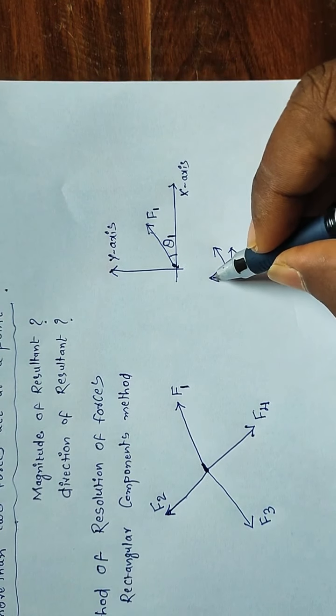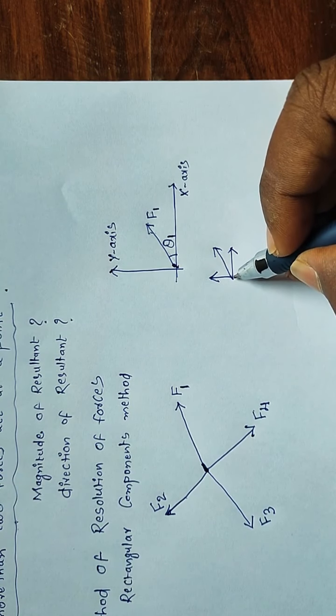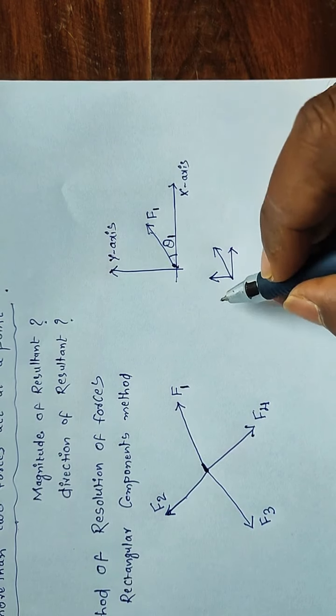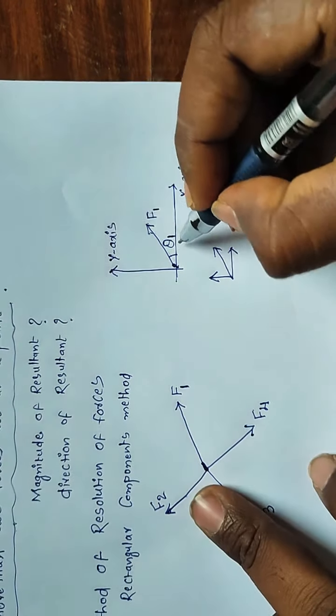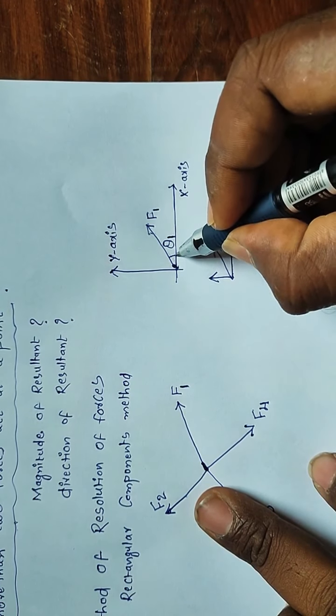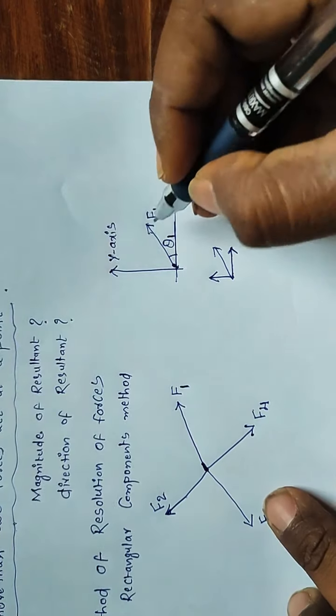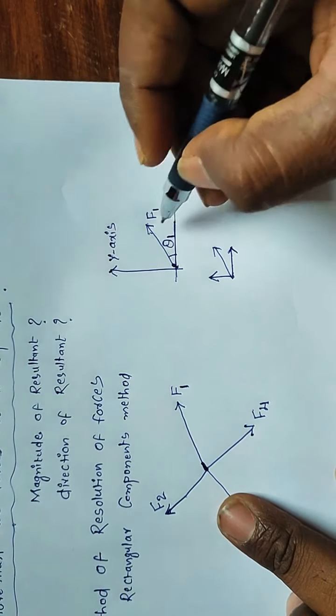The component which is acting along the vertical y-axis is called the vertical component. So from this figure, what is the value of this horizontal component?